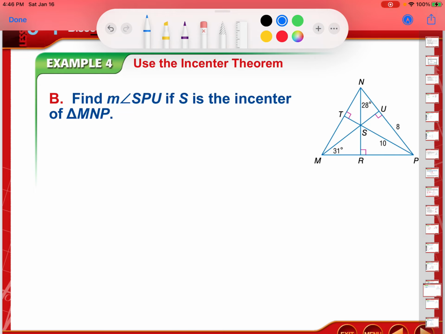Continuing on, they want us to find the measure of angle SPU if S is the incenter of triangle MNP. So this little angle right here is what we're looking for. Now, interesting thing here, we know all triangles' interior angles add up to equal 180 degrees.